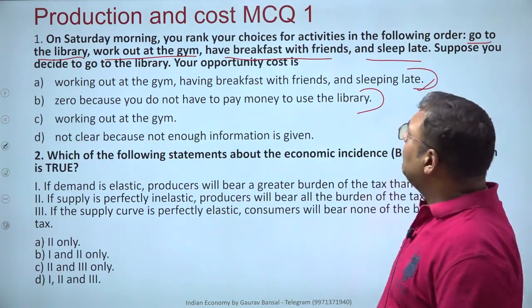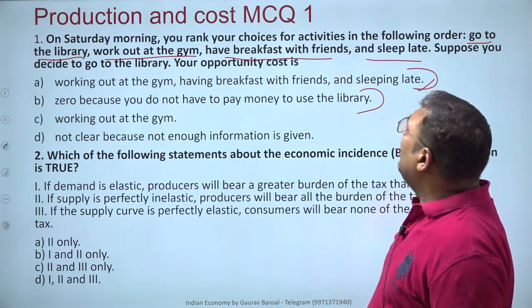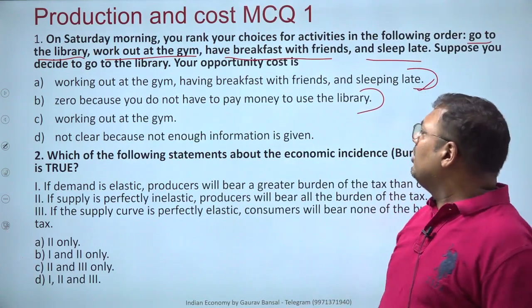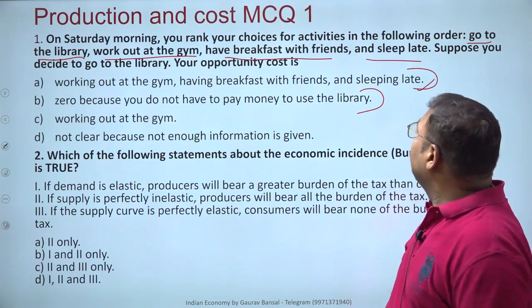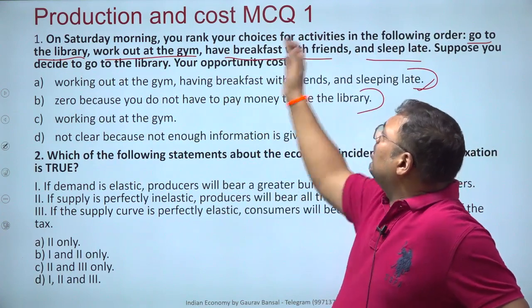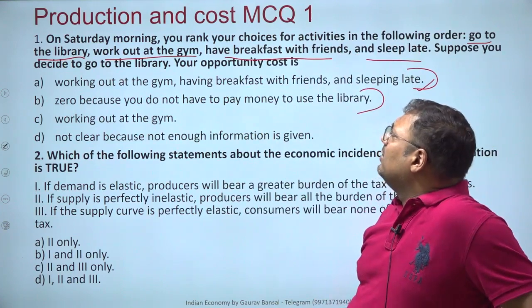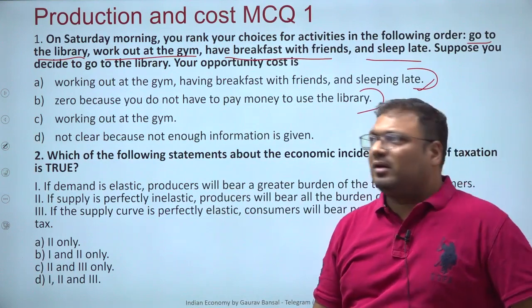I went to library, so I couldn't go to the gym, I couldn't have breakfast with friends, and I couldn't sleep late. Basically, what all alternatives you had, those are what you're going to miss out because of that activity.